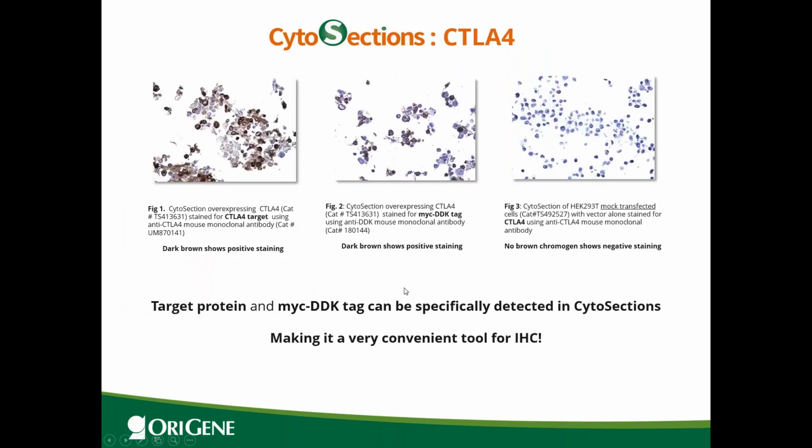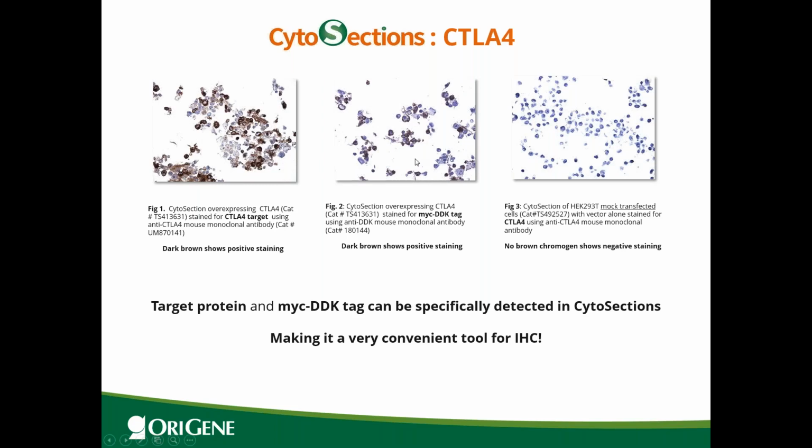Here is an example of a cytosection that is stained for human cytotoxic T lymphocyte associated protein 4 or CTLA4. Figure 1 shows you a cytosection that expresses CTLA4, which is stained for that target using an anti-CTLA4 mouse monoclonal antibody. The dark brown staining around the cell membrane clearly indicates a positive staining.